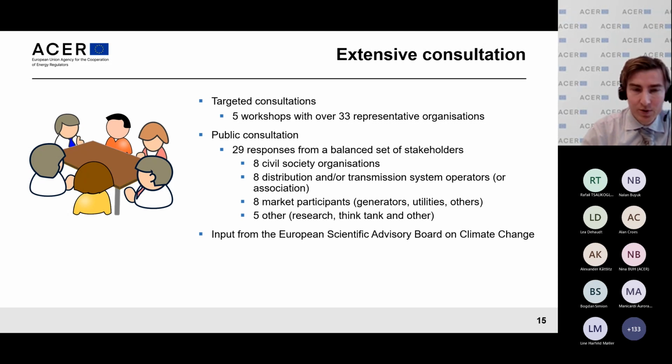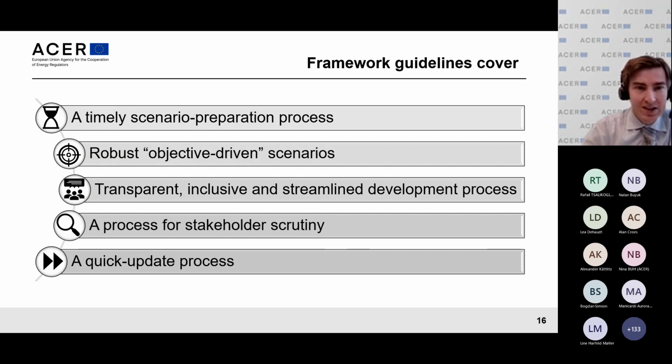But thanks to all those inputs, we managed to complete the task and to deliver basically on 5 key topics: criteria to ensure a timely process, to ensure that we have robust objective-driven scenarios, focusing on transparency, but also an inclusive and streamlined process.